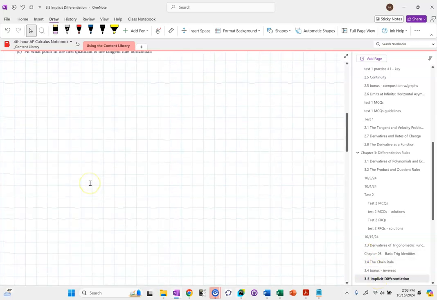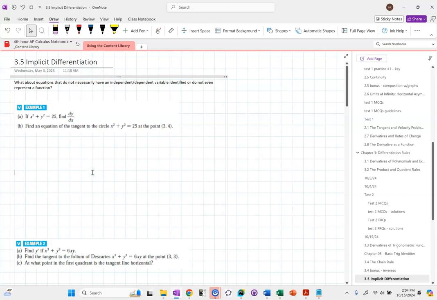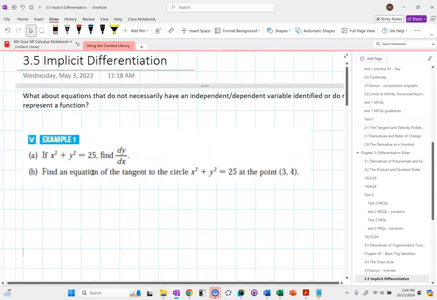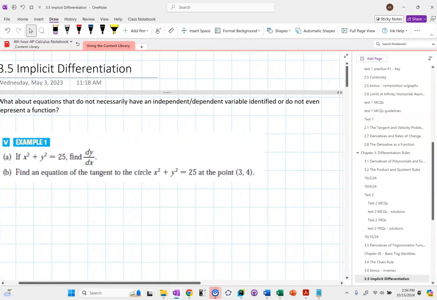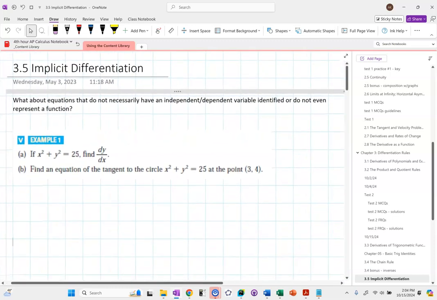Today, we're going to talk about implicit differentiation. So up until this point, we've only defined differentiation on functions that are expressed with a strict independent-dependent variable relationship, like y equals 5x plus 7, and not done things like y minus 5x equals 7.